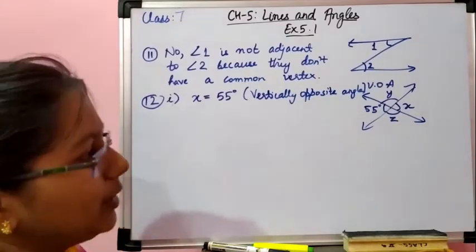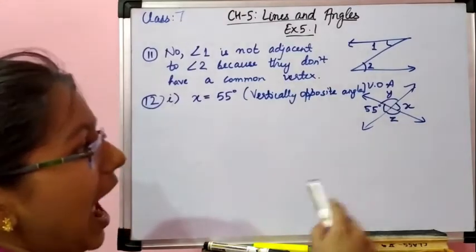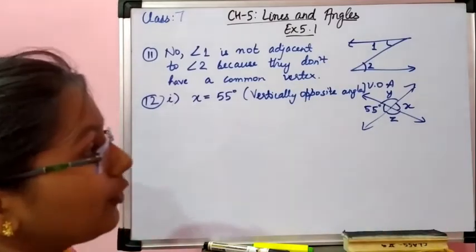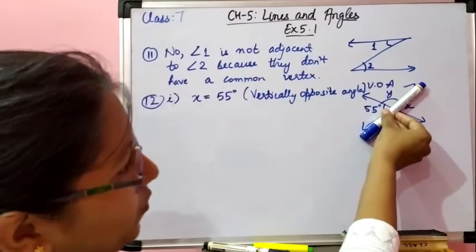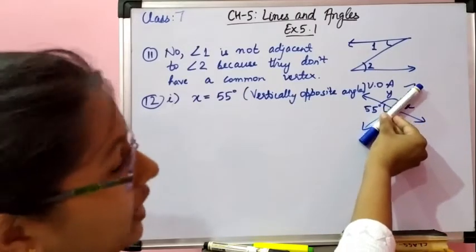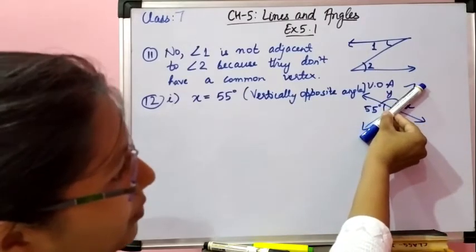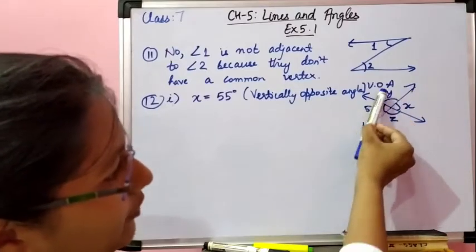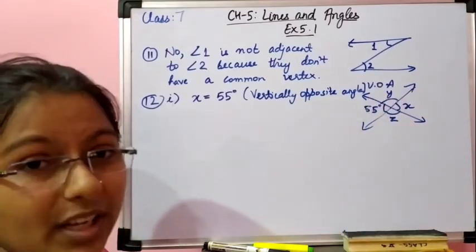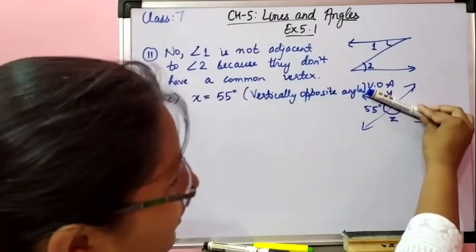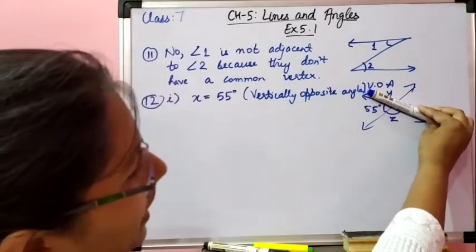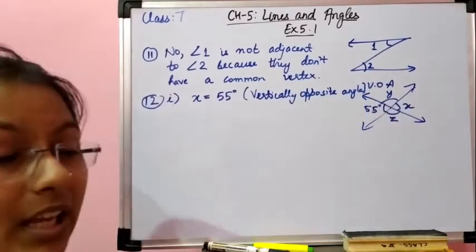Now I have told you in the first video only that mostly we will be using vertically opposite angles and linear pair for finding the value of any angle. Now since this is a line, Y and 55 are lying on a line. Means when I add Y and 55, the sum should be 180 degree. Similarly, if I add Z and 55, then also they are lying on a line, so the sum should be 180 degree.